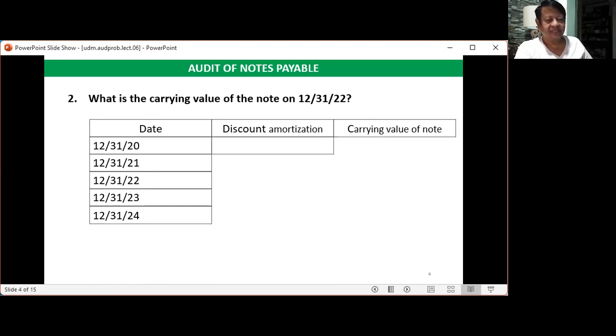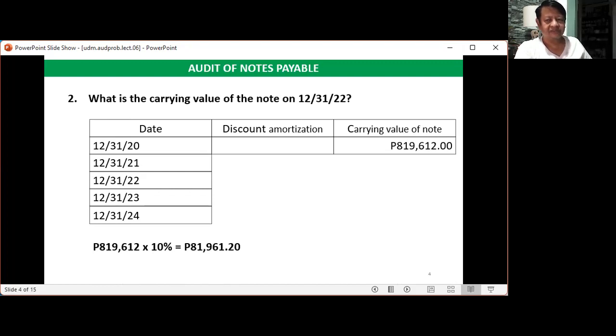So at the end of 2020, the carrying value of the note is the present value that we computed using the present value factor, and that is 819,612. So we will compute for the interest.